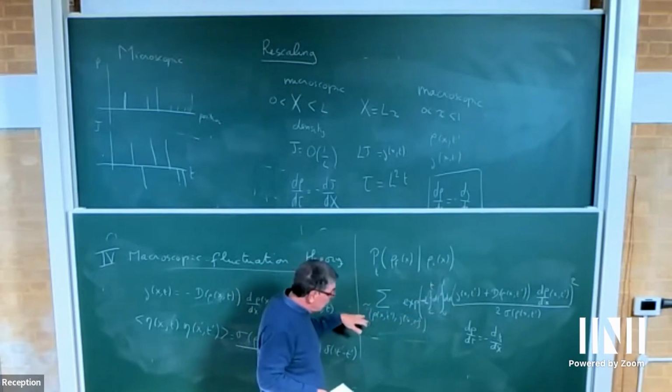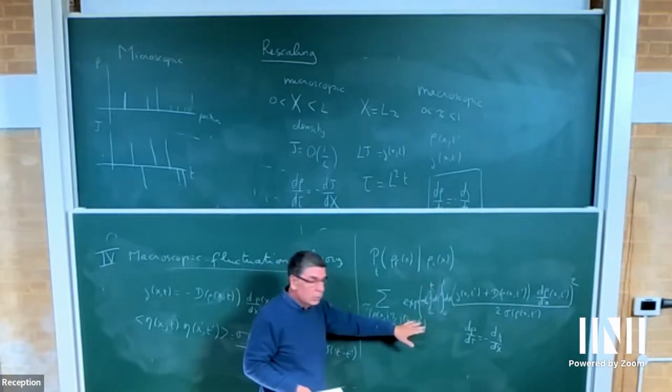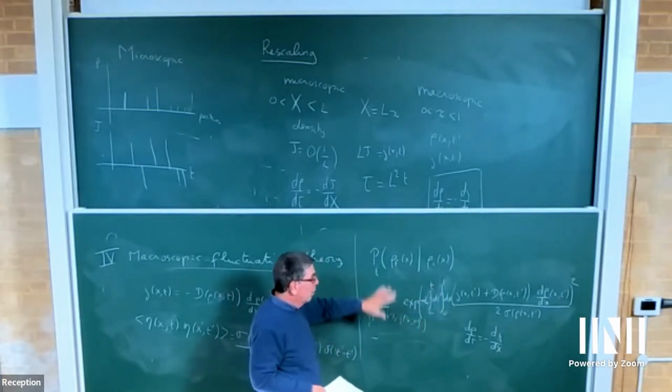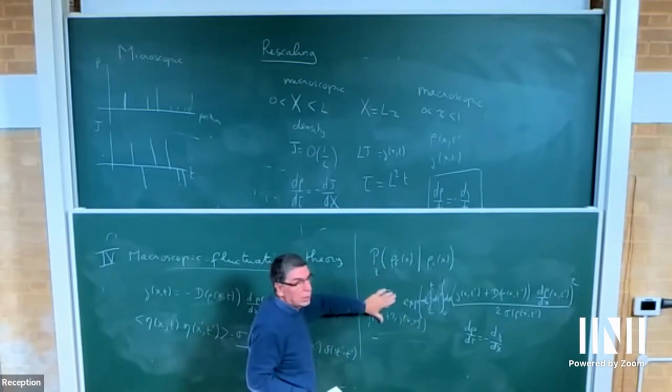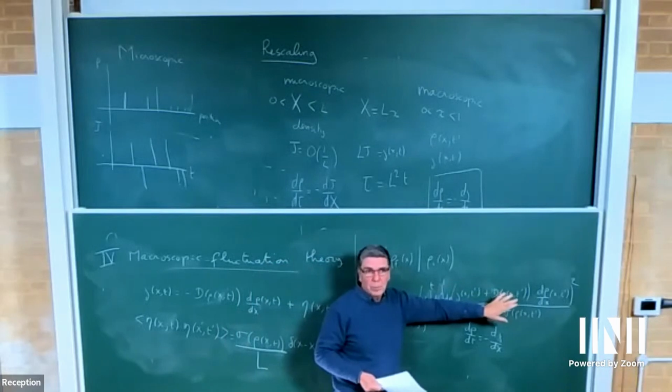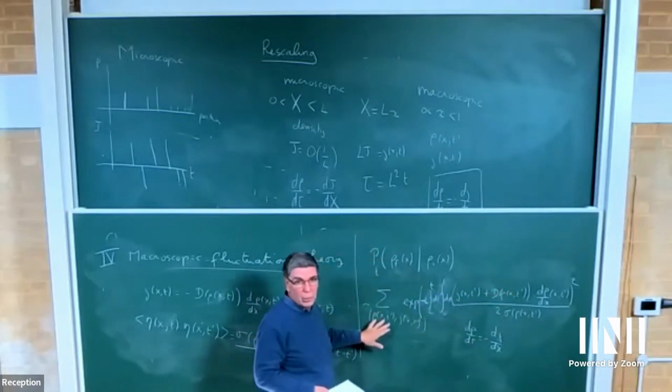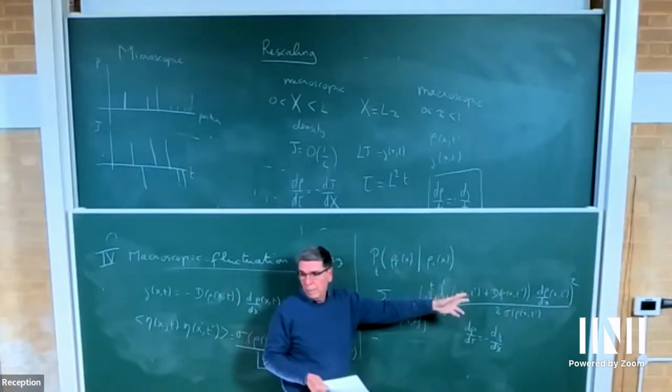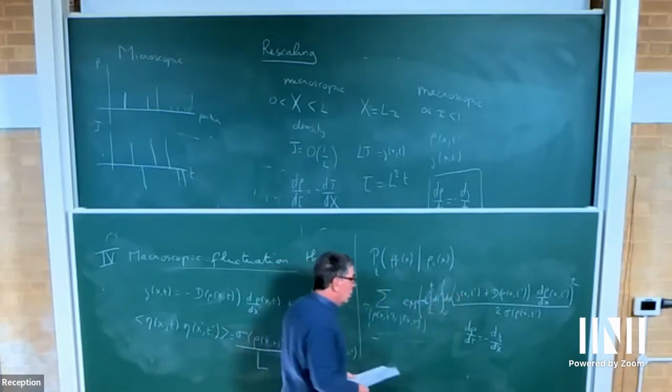In principle, you have a kind of path integral that you want to consider, but because L is large, essentially you're interested just in the dominant exponential, so you don't need to care about that, and you have to find the optimal path.